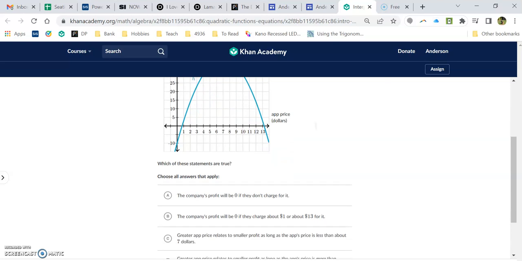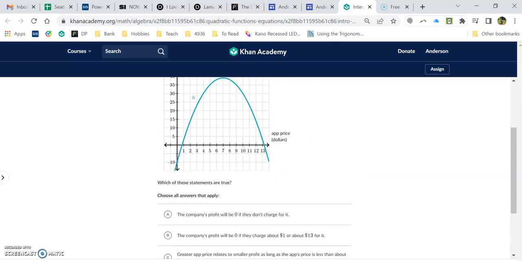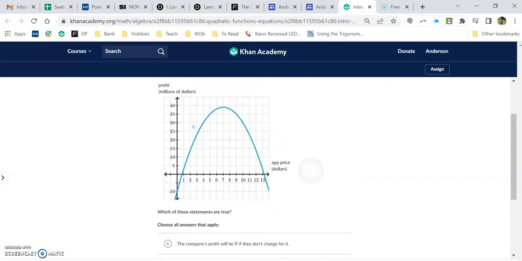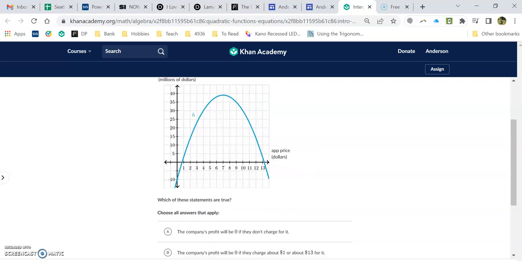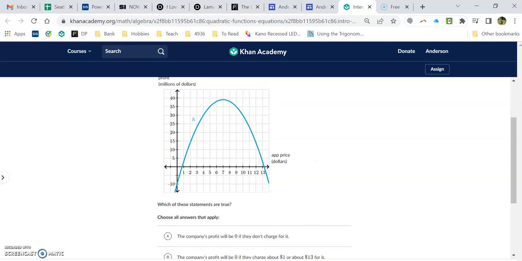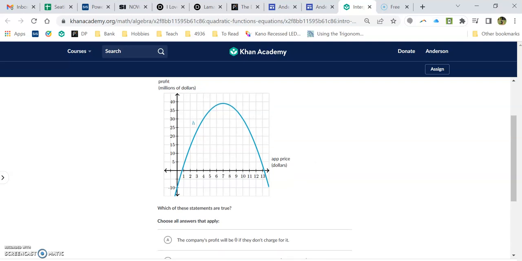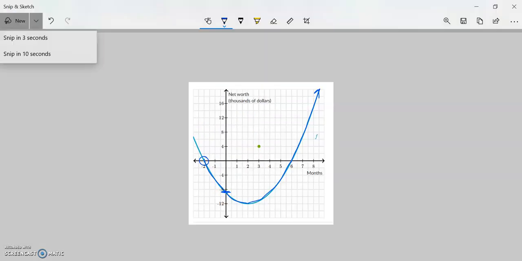Let's check all the ones that apply. The company's profit will be $0 if they don't charge for it. That's actually wrong. If they don't charge for it, let me snip this so I can talk about it.